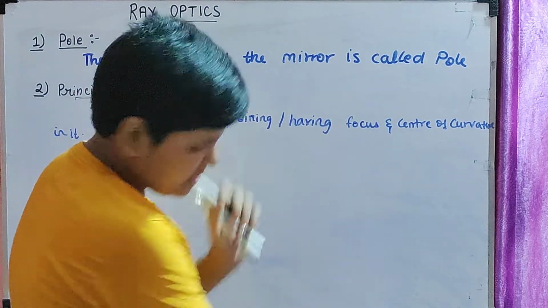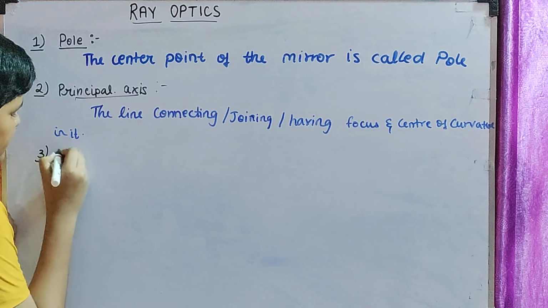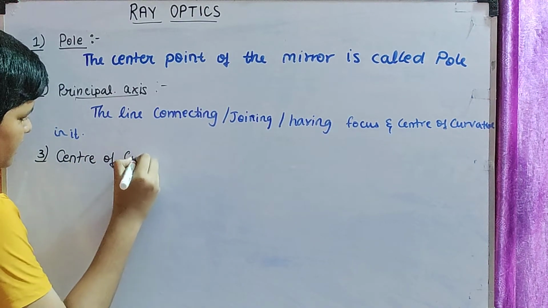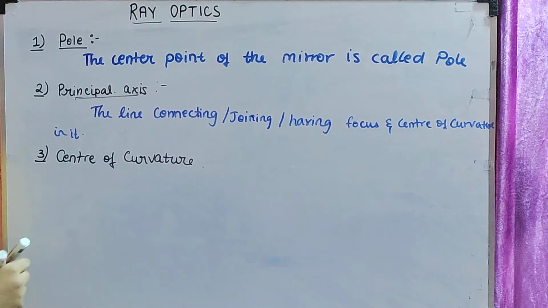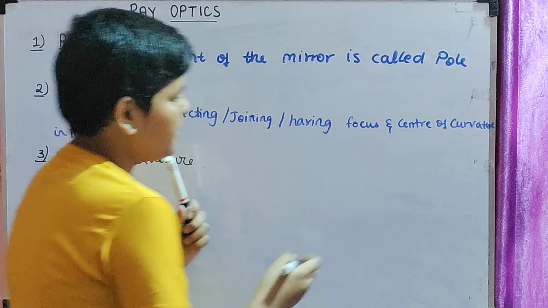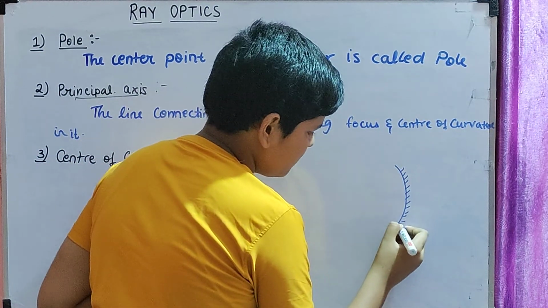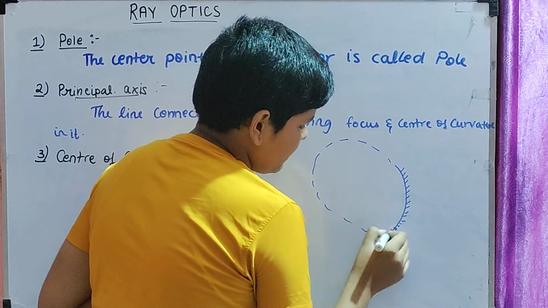Now, our first term over here, let us take center of curvature now. Third one, which is center of curvature. What is center of curvature? If you look at a mirror like this, it is a spherical mirror, right? This appears to come from a sphere, right?